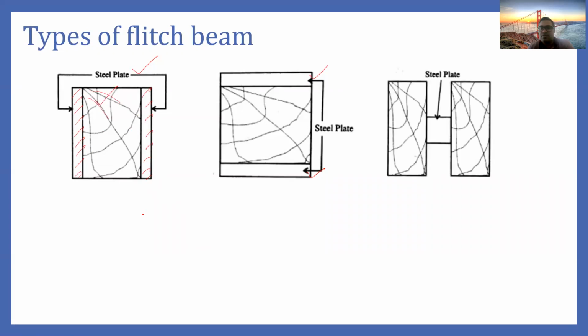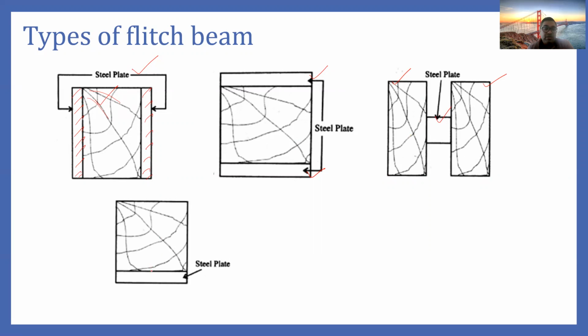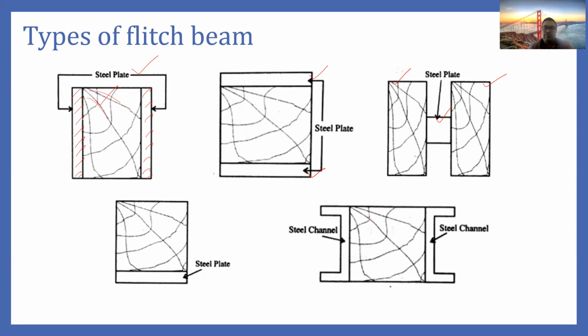The third case is where we have two timber beams, and in between there is a steel plate. Similarly, we can have plates on the bottom side only to enhance the tension strength of the beam, or sometimes steel sections are added to enhance the load carrying capacity of the flitch beam. These cases are very common in flitch beam design.